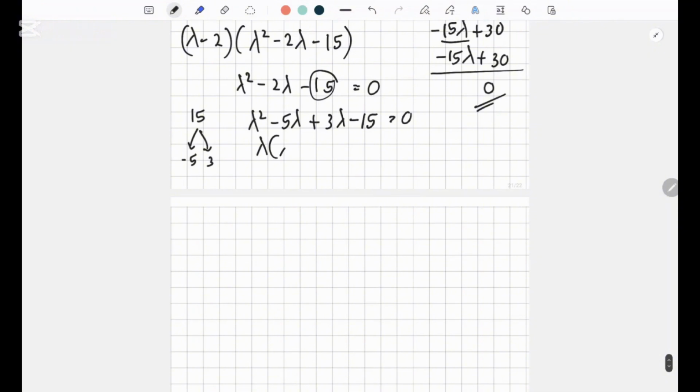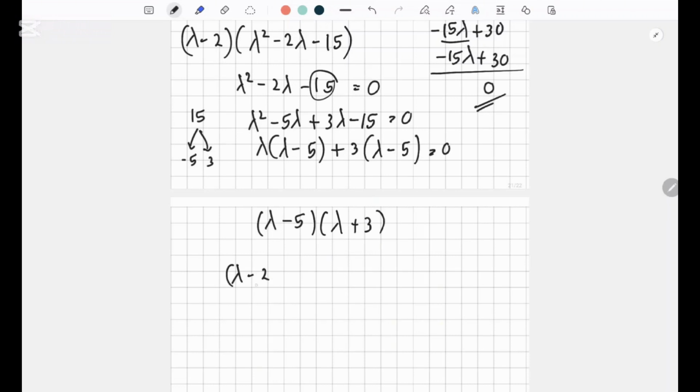You can take lambda out: lambda into lambda minus 5, plus 3 into lambda minus 5, equals 0, so lambda minus 5 into lambda plus 3. So your factors are lambda minus 2, lambda minus 5, lambda plus 3. So your answers go in order, okay? So it's minus 3, 2, and 5. These are your eigenvalues. All right?